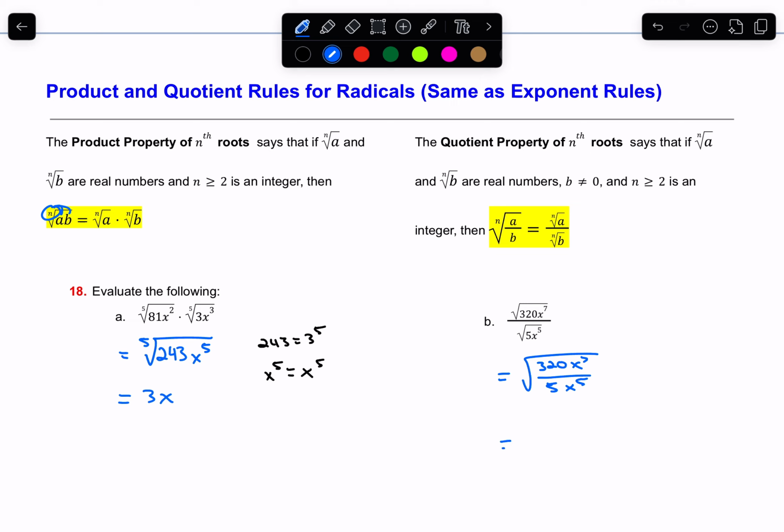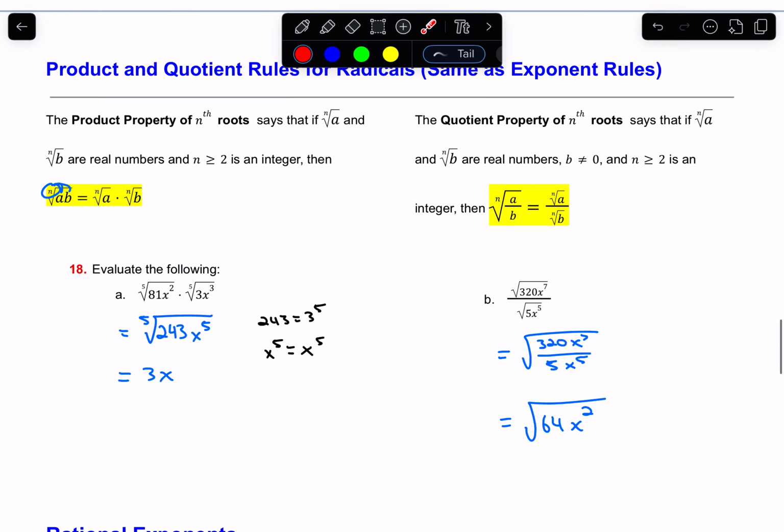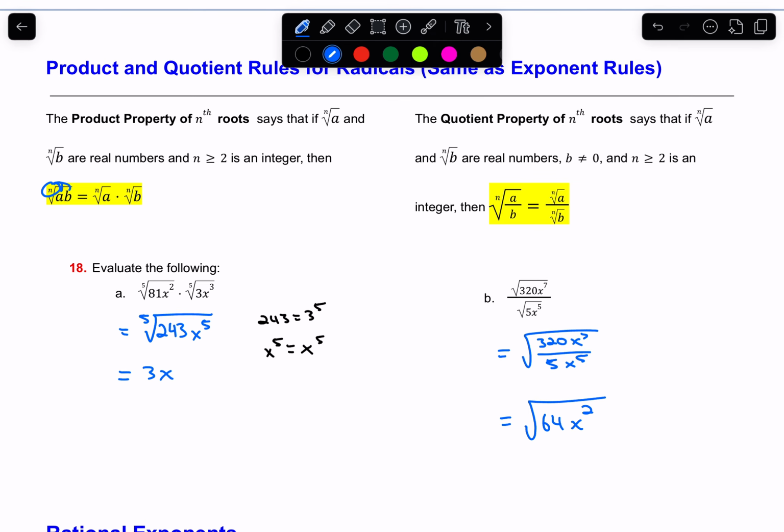And now, using our rules of quotients from before, we can divide 320 by 5 to get 64. x to the 7th over x to the 5th is x squared because we subtract the 7 minus the 5. When we move the x to the 5th to the top, it becomes negative and we subtract. And now when we square root this, we're going to have square root of 64 is 8 because 8 squared equals 64. And the square root of x squared is just x.